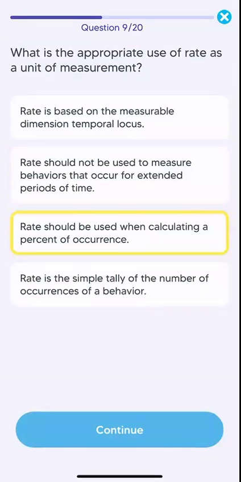Rate shouldn't be used to measure behavior. Rate should be used when calculating a percent of... Maybe this one. No, percent of occurrence.